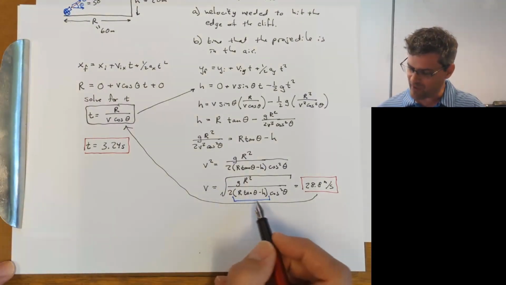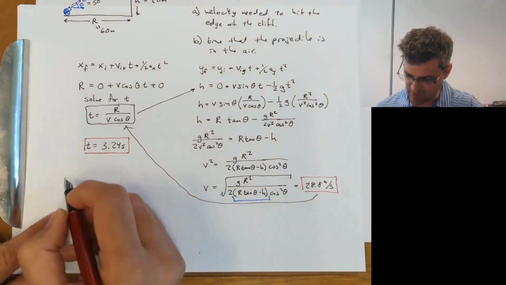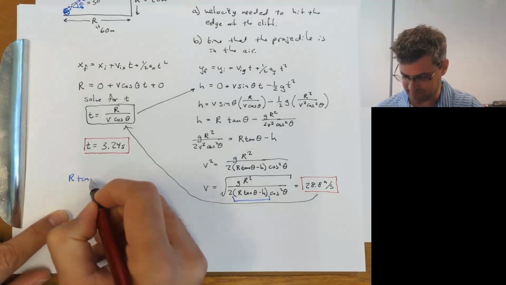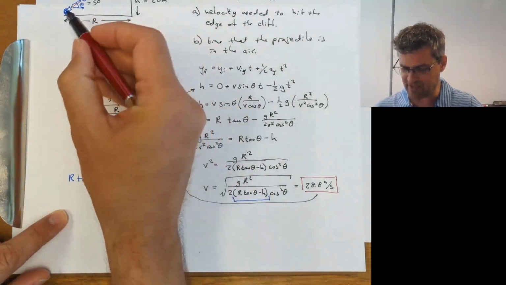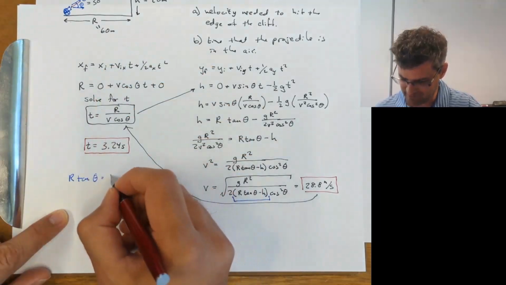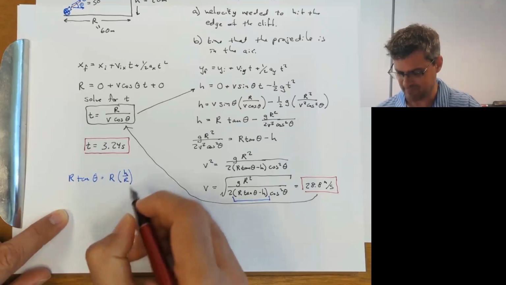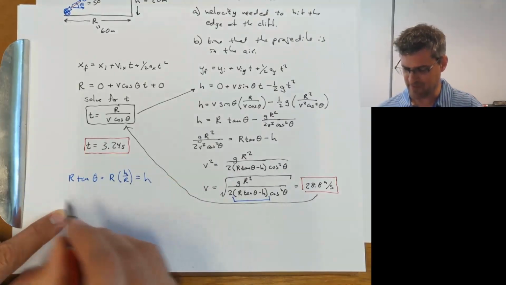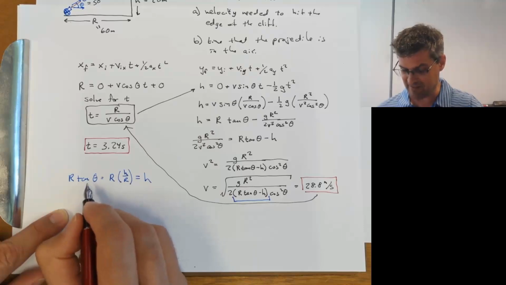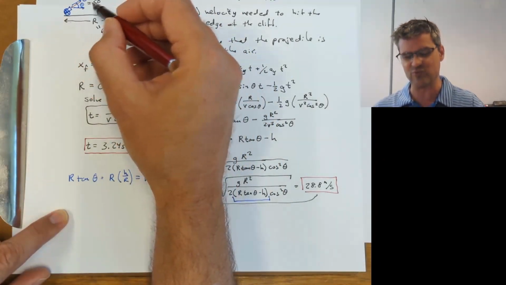So how do I ensure that r tangent theta is bigger than h? Well, first of all, what is r tangent theta? The tangent of theta is h over r. So this is h. This is basically for some kind of extreme case of theta.